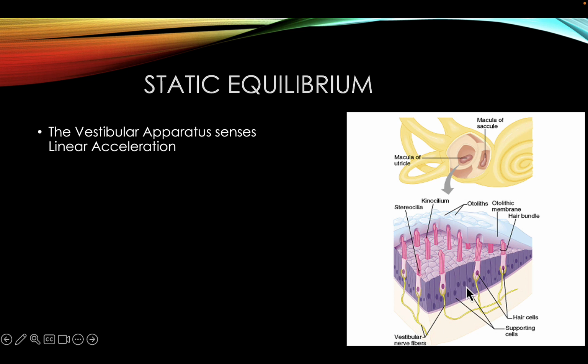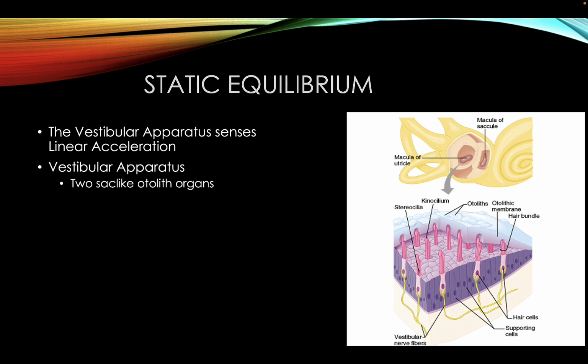These are our supporting cells, and then we have this membrane on top. And this membrane, very similar to the tectoral membrane, is a gel-like substance we call the otolithic membrane. And on top of the otolithic membrane are these calcium carbonate crystals, and these are referred to as otoliths. And this is all referred to as the vestibular apparatus.